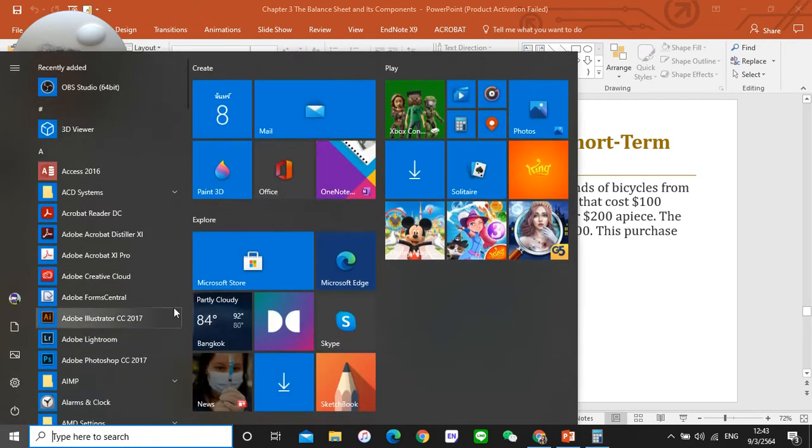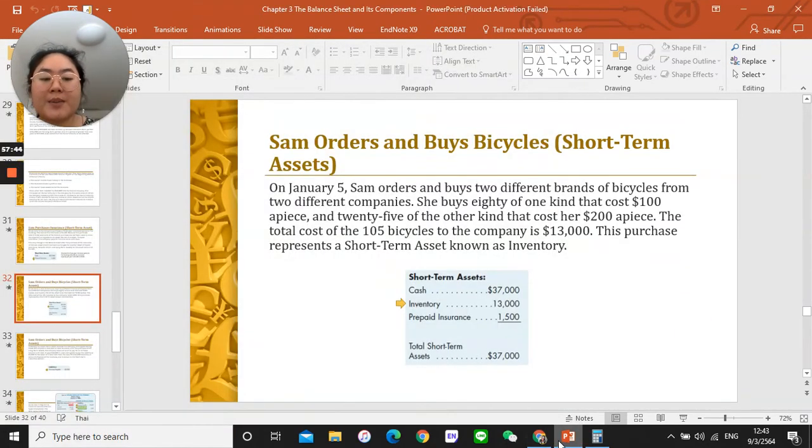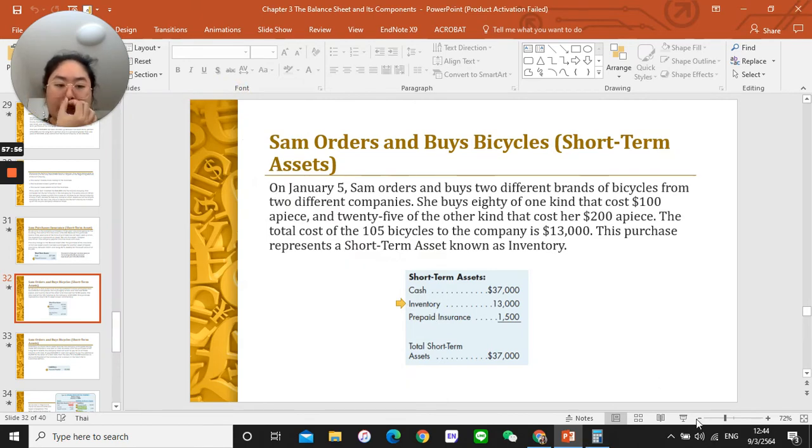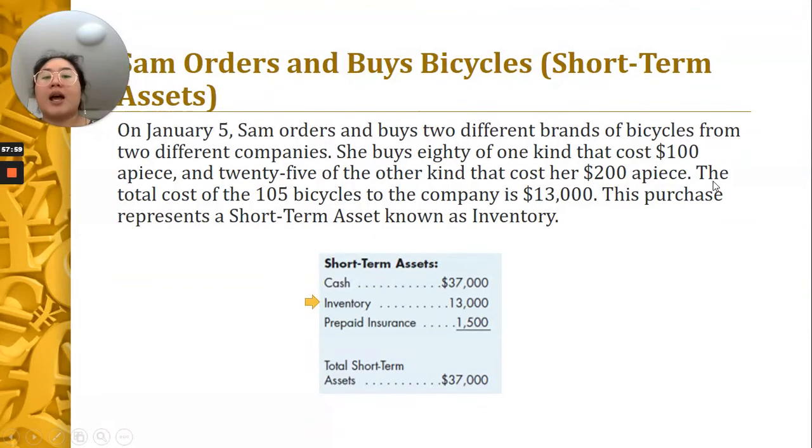So you sum it up: 5,000 plus 8,000 is valued at 13,000. The total cost of the 105 bicycles to the company is valued at 13,000. This purchase represents a short-term asset as inventory.